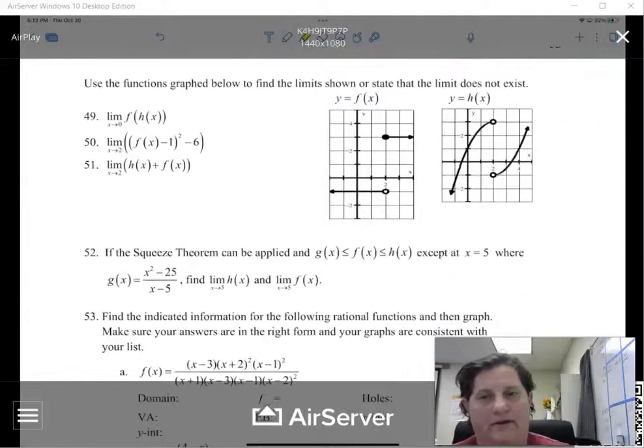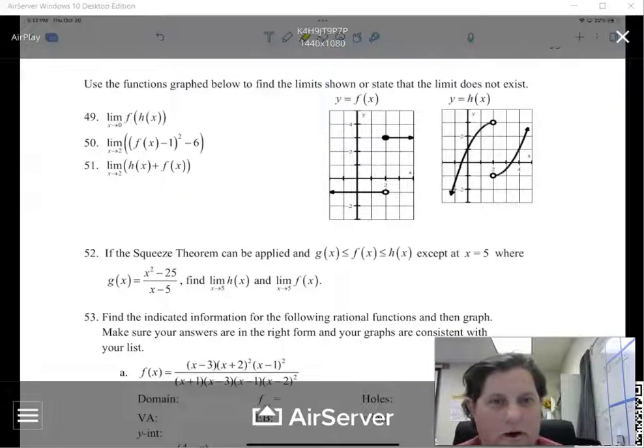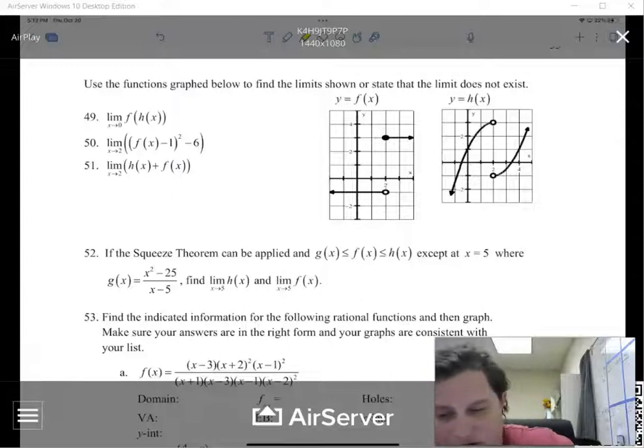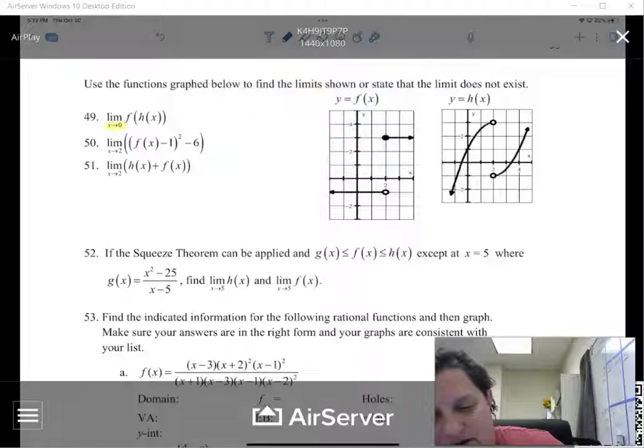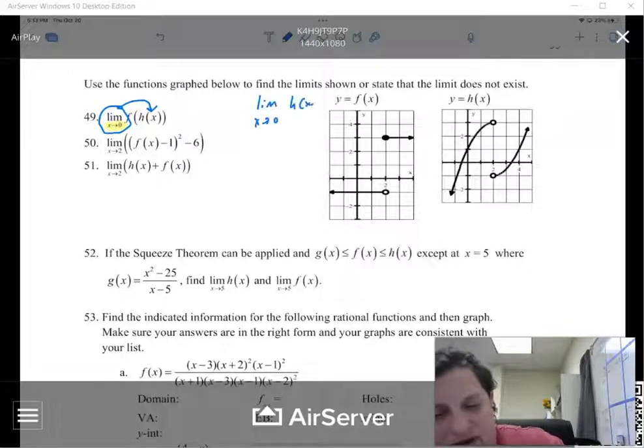All right, now we have a couple of tricky limit ones. Okay, cool. Starting with 49. The limit as x goes to 0, f of h of x. Well, what we want to do, guys, is we want to do the inside first. So let's find the limit as x approaches 0 of h.